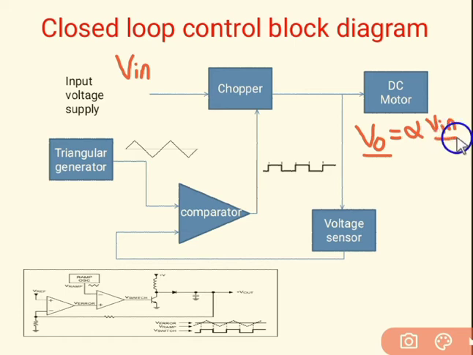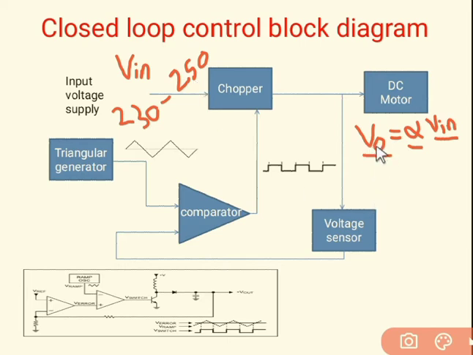Suppose input voltages vary from some minimum value to the maximum value. Suppose it is 230 volt to 250 volt. So we have to decrease the magnitude of the duty cycle to maintain the constant 230 volts. Suppose the output voltage is 230 volt, which is the desired output, but if input voltage is increased from 230 volt to 250 volt, the output voltage also increases.